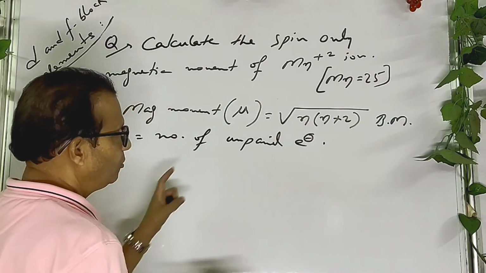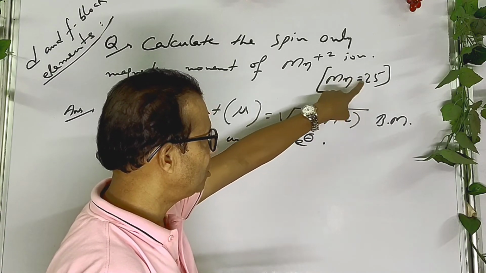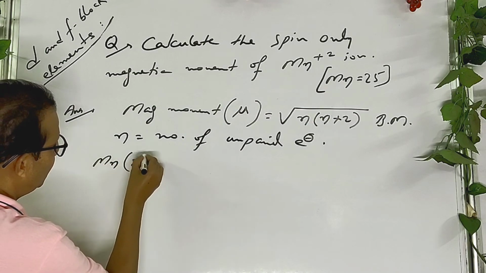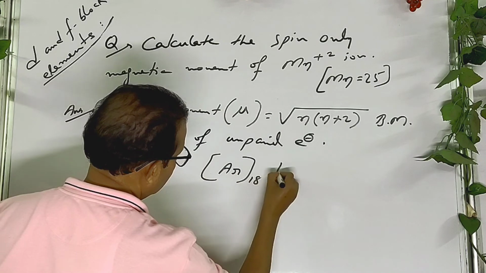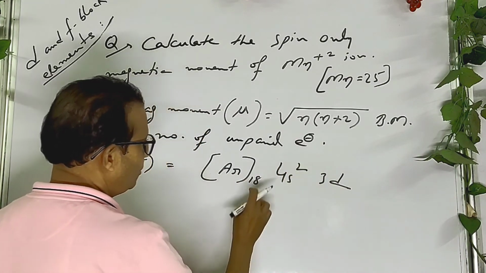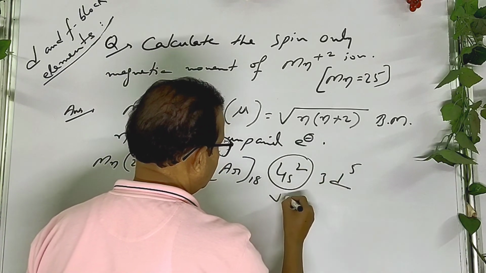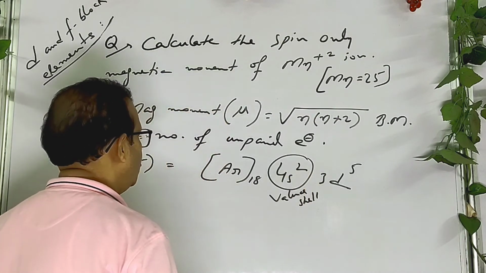Okay, so how to write the answer? At first, write the electronic configuration of manganese. You know that manganese has atomic number 25, and write this way: argon 18, 4s 2 and 3d 5. 4s contains 2, 18 plus 2, 20, and the rest 5. And remember it, this is the valence shell, the outermost shell.